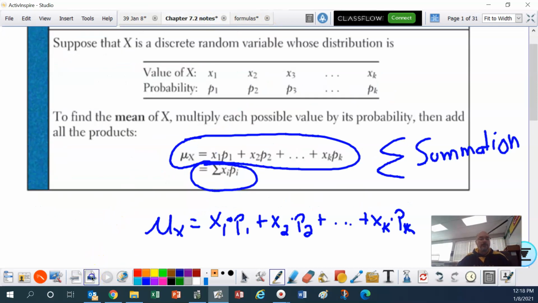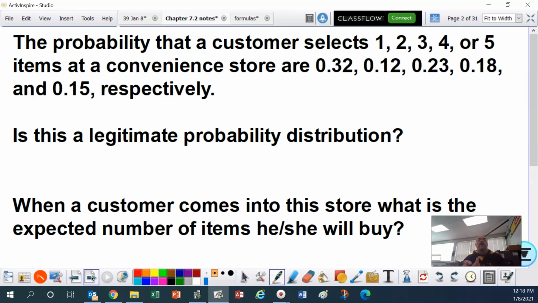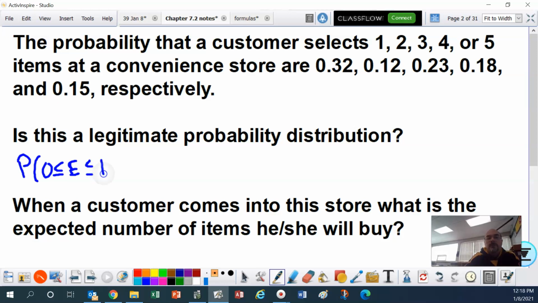Here we go. The probabilities that a customer selects 1, 2, 3, 4, or 5 items at a convenience store are 0.32, 0.12, 0.23, 0.18, 0.15 respectively. First of all, is this a legitimate probability distribution? Are all of the probabilities between 0 and 1? They are, check.